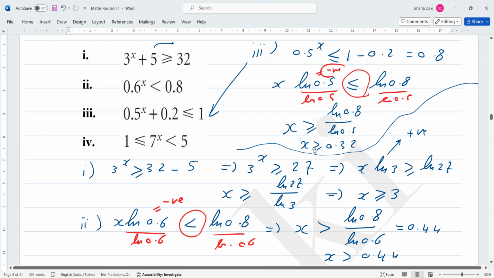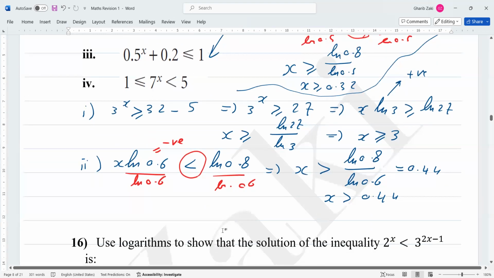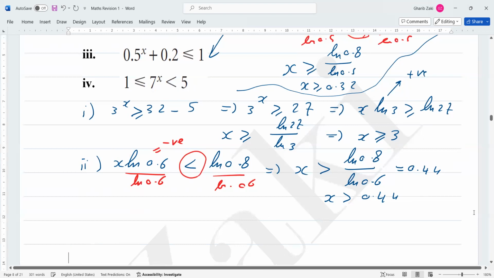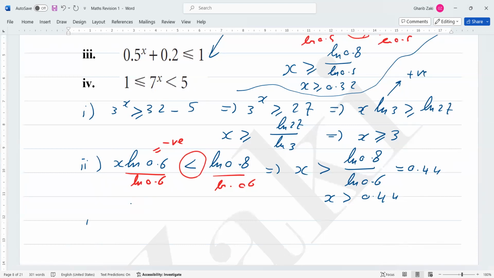Now, what about the last one? Let us think of the last one. Now, tell me how to solve it, if you know. IV. 1 is less than or equal to 7 to the power x, which is less than 5. We take ln of each side.